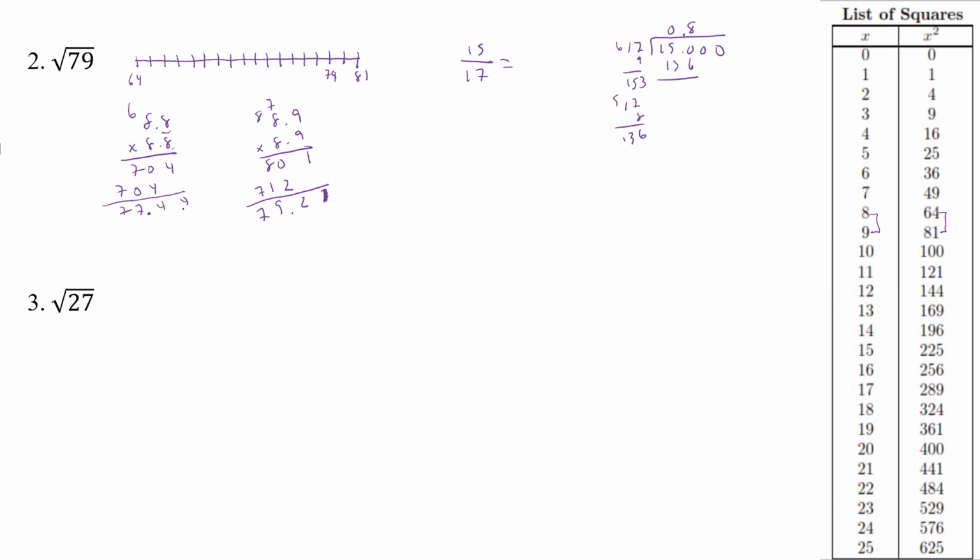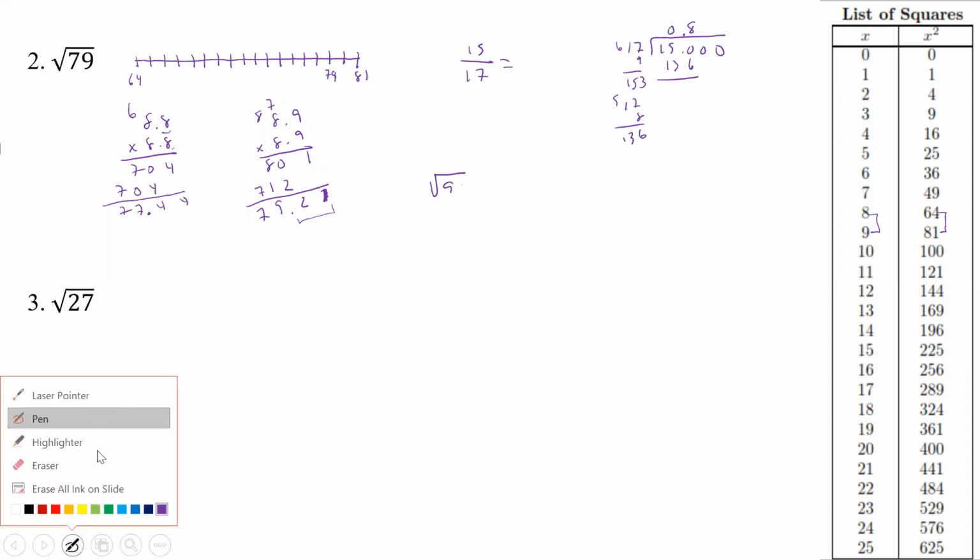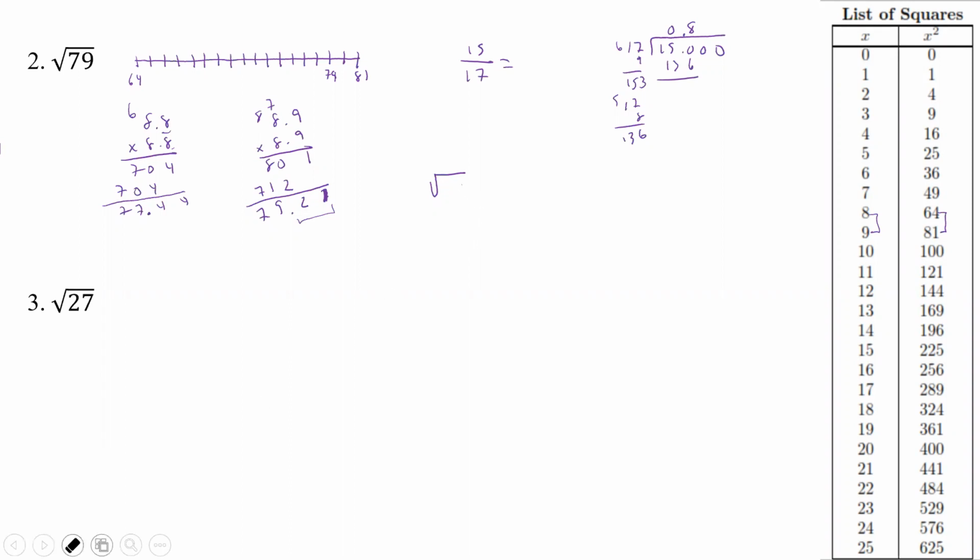Now, which one is closer to 79? Is it 77.44 or 79.21? Well, 79.21 is just 0.21 over. This is more than 1 different here. And so actually my answer for the nearest square root, the square root of 79, is going to give me approximately 8.9. So that's what my approximate square root will be.